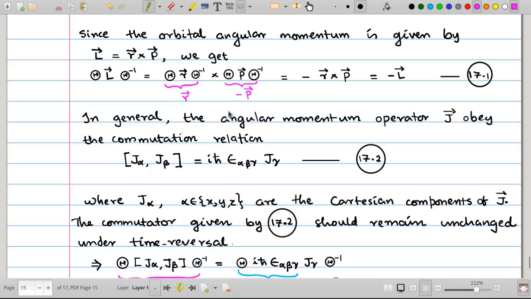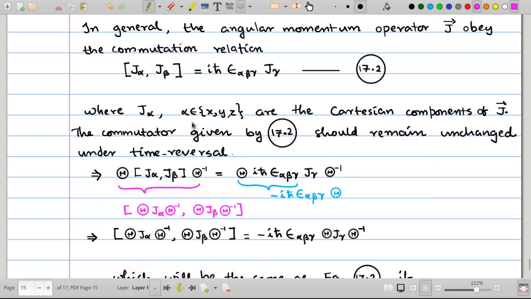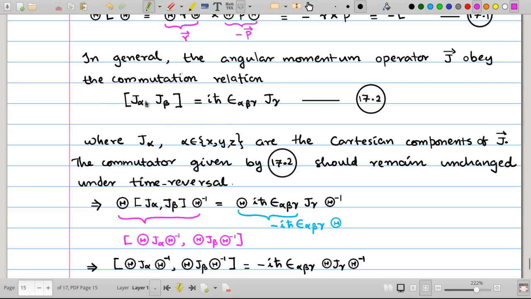So what happens to a general angular momentum operator under time reversal? To see that, we consider the general commutation relation between the angular momentum operators, where if you consider the Cartesian components of angular momentum operators, then J alpha commutator with J beta should be i h bar times epsilon alpha beta gamma times J gamma.